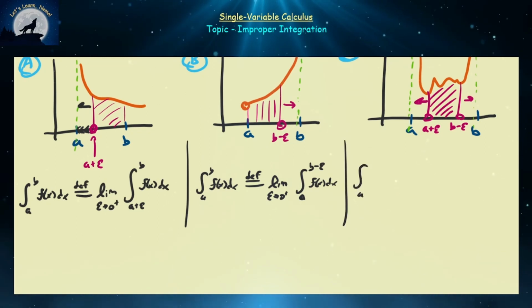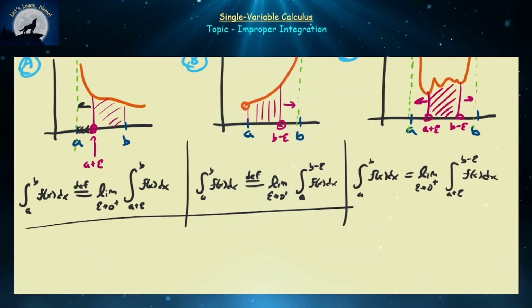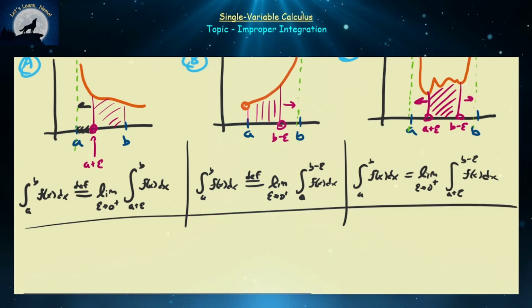And the last, the integral from a to b of f of x dx, if you have vertical asymptotes at a and b, will be defined to be equal to the limit as epsilon approaches 0 from the right of the integral from a plus epsilon to b minus epsilon of f of x dx. Right? So those are our three different types.